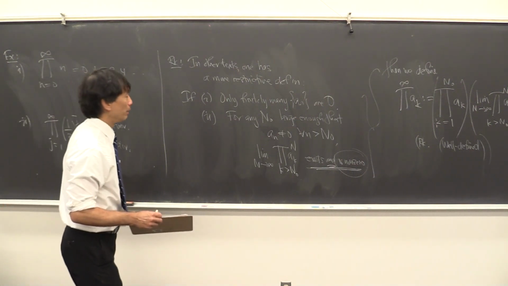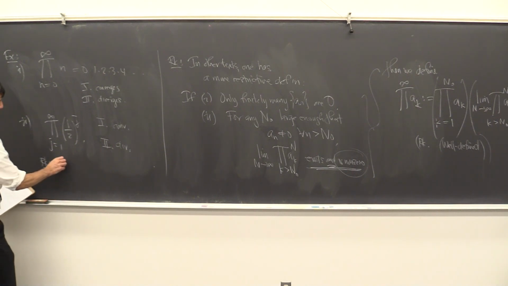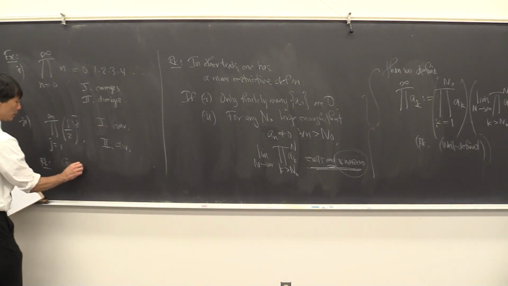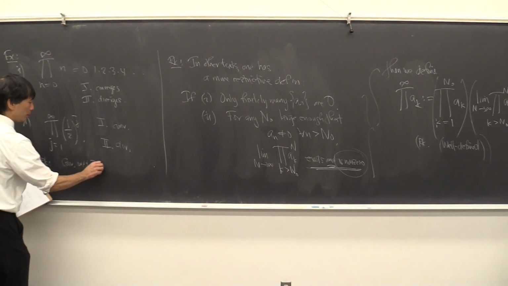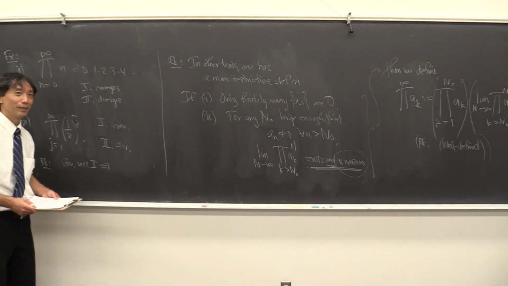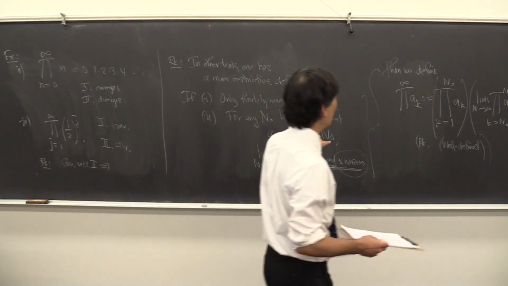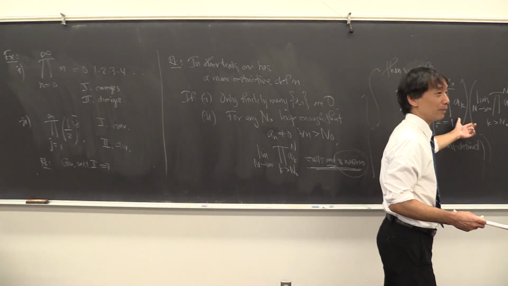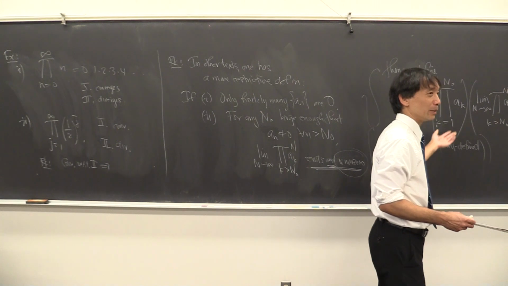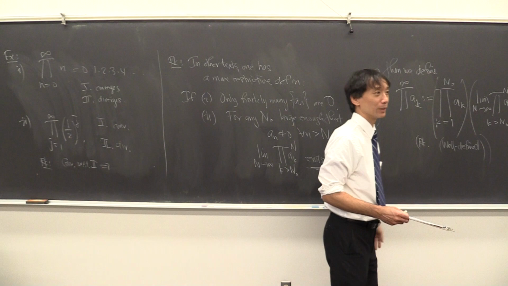Yeah, so one remark, sort of obvious: if it converges with respect to 2, then what am I going to say? You can probably just guess. Then it also converges with respect to 1, right? Because if it converges with respect to 2, that means that you have something like this, which means that clearly the limit of the partial products of the whole thing is going to converge.